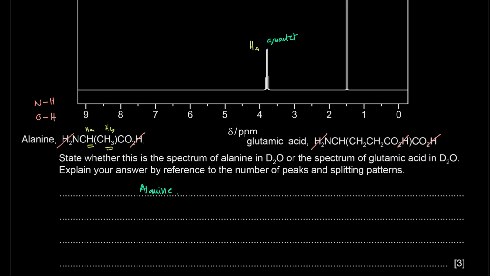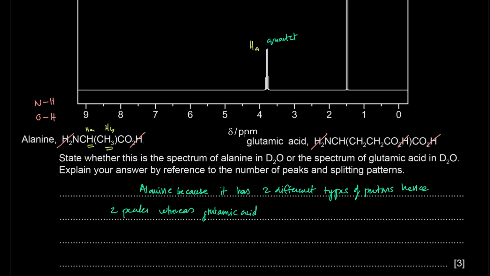It's alanine because it has 2 different types of protons, hence 2 peaks, whereas glutamic acid has 3. And this is obviously excluding the NH and OH peaks.